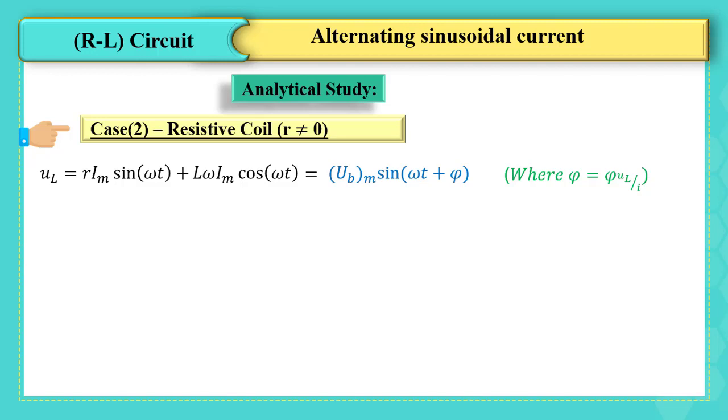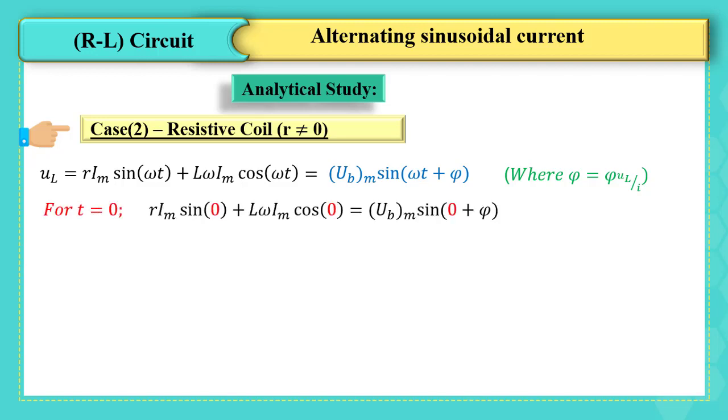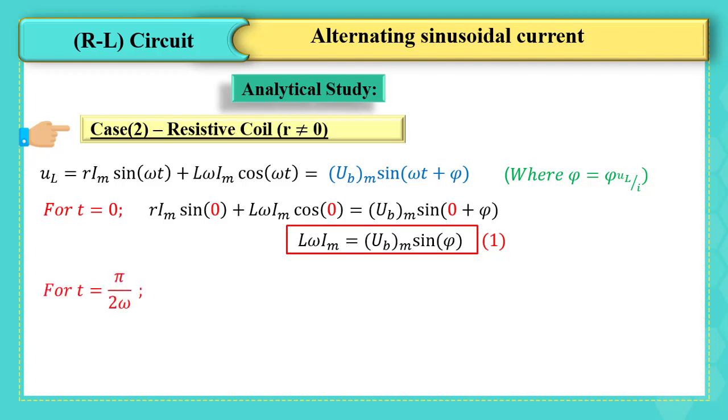The first particular case is for t equal to 0. Then the expression of the voltage becomes equal to r Im sine 0 plus L omega Im cosine 0, which is equal to Um sine 0 plus phi. That means the equation becomes L omega Im equal Um sine phi, which represents equation 1.